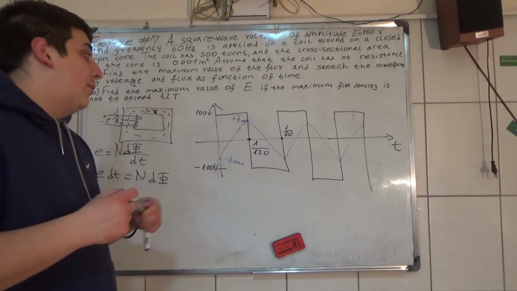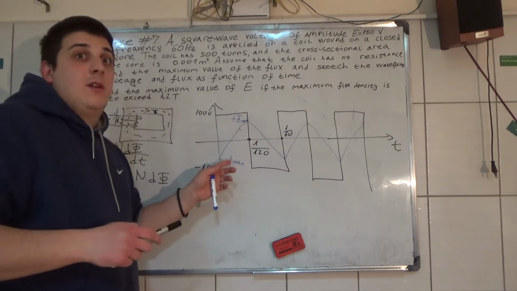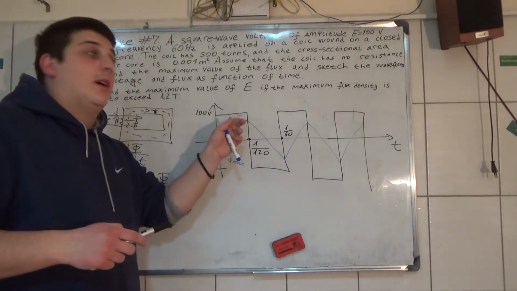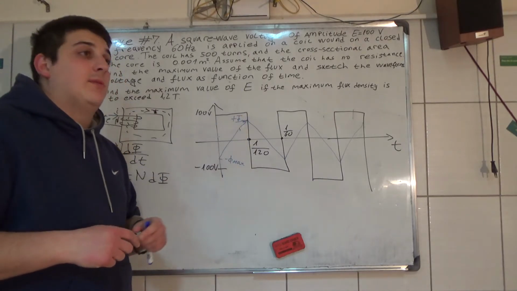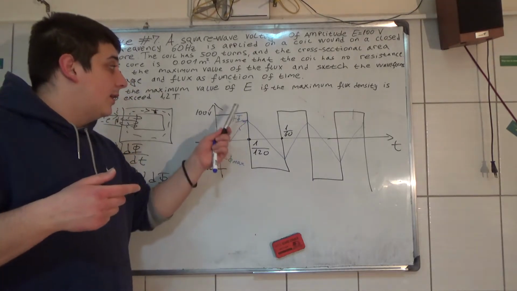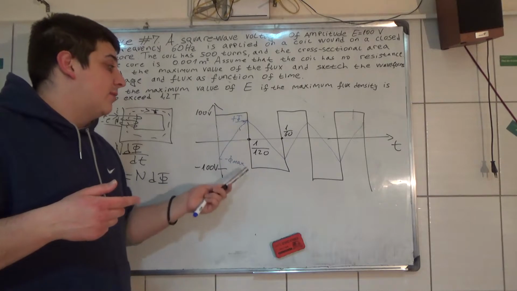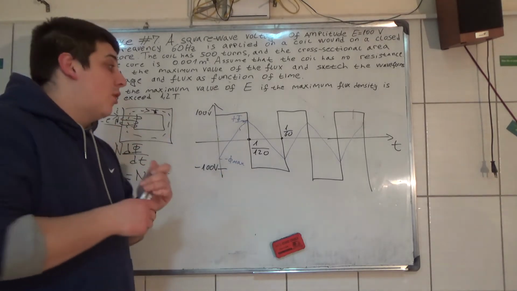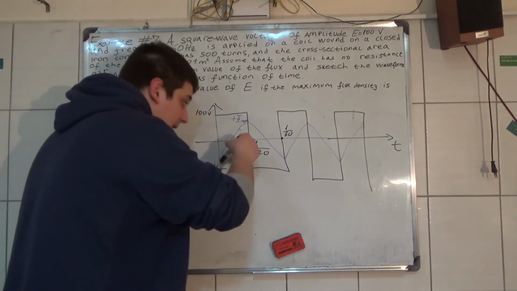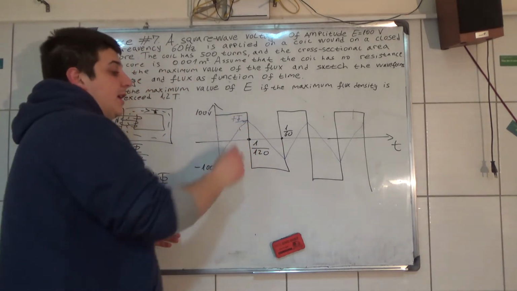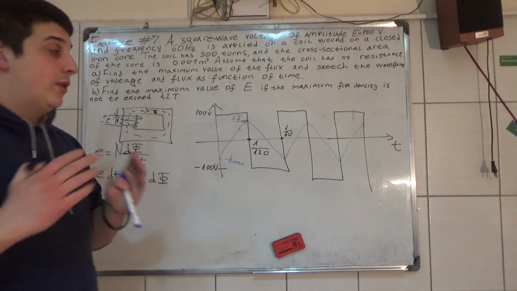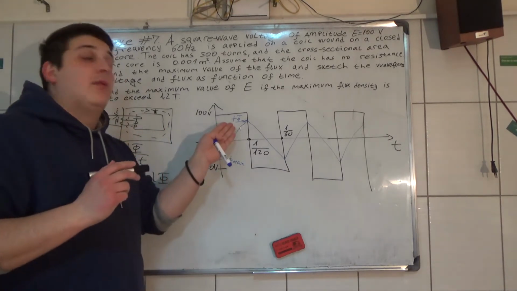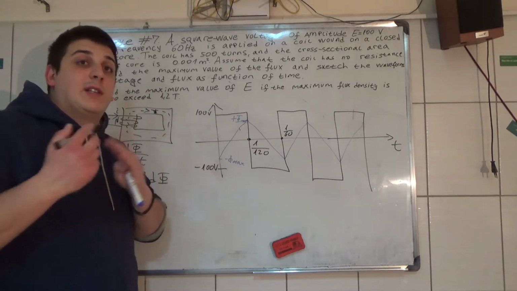So we know that the flux rises from minus flux maximum to plus flux maximum. The length of this line from here to here, if you look at it as a scalar, is equal to 2 times flux maximum.